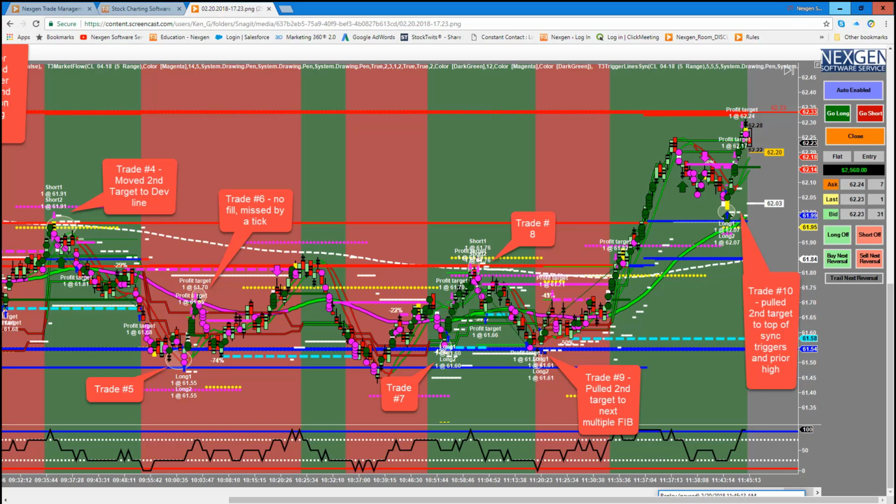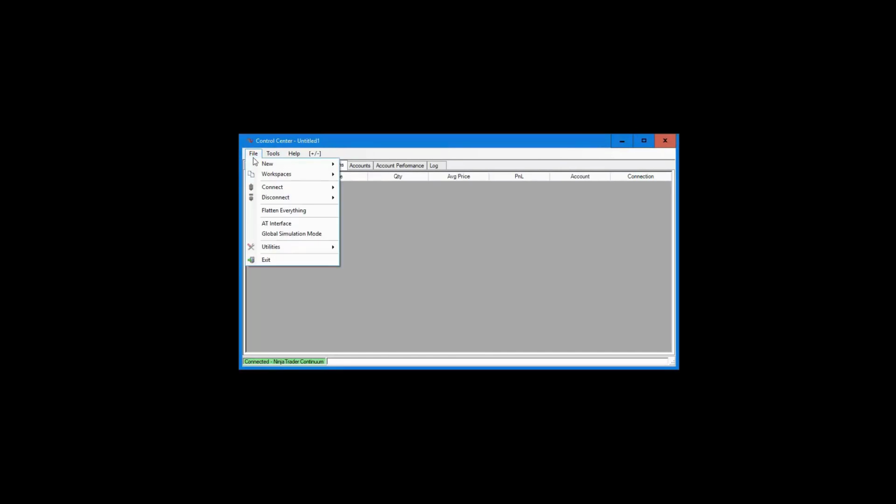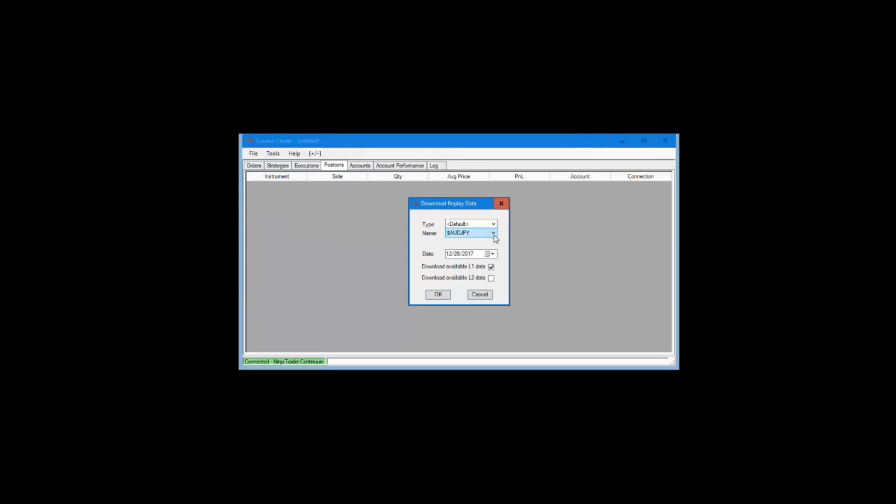So let's get into how to download data and how to set up your charts to do market replay. There's a process to it. Number one, if you just have standard NinjaTrader, you're going to go into File and Utilities, and you're going to download replay data. And essentially, let's just say yesterday's, right?